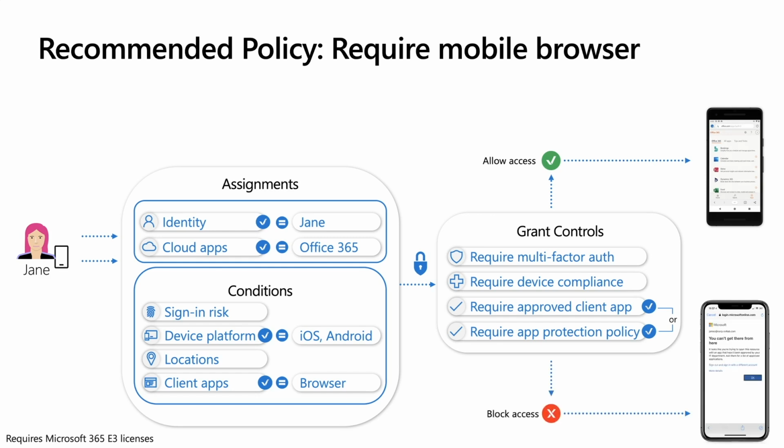However, if Jane is utilizing a third-party browser like Safari or Chrome or any other number of popular third-party web browsers on mobile devices, when she attempts to authenticate against a tenant resource, that will fail, and Azure Active Directory will report back that she needs to use an approved app. Now, these 2 policies handle modern authentication capable clients like a web browser and other modern apps. What it doesn't cover is legacy authentication, so we need to address that scenario.